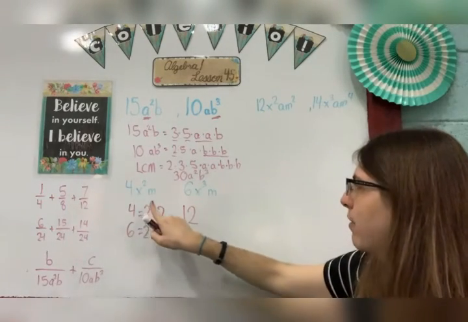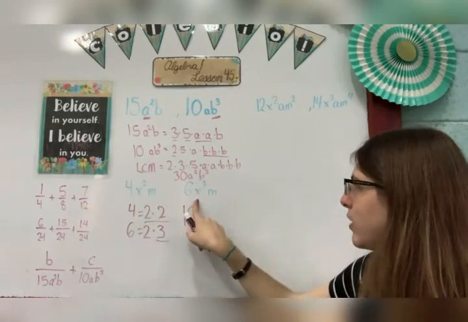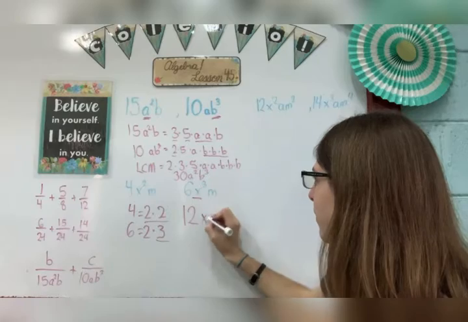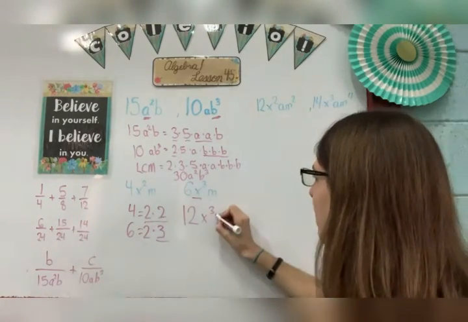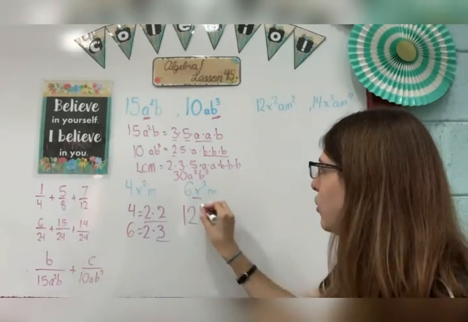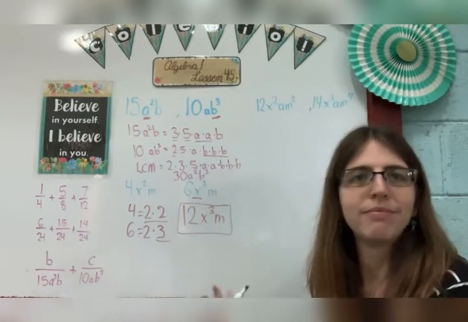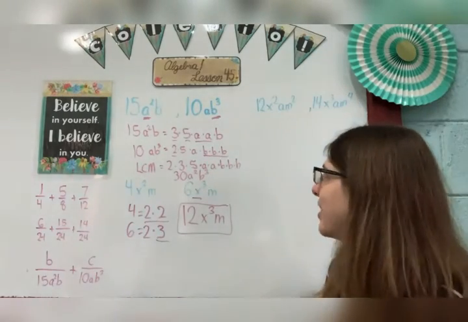Then for my variables, I have x squared, x cubed. 3 is bigger, so that's the x I choose. Here I have m and m, so it's the same one, it's just m. So my least common multiple is 12x cubed m. That was fast, right? Let's try the next example and then you'll go to your practice.